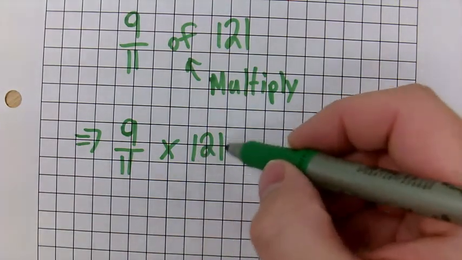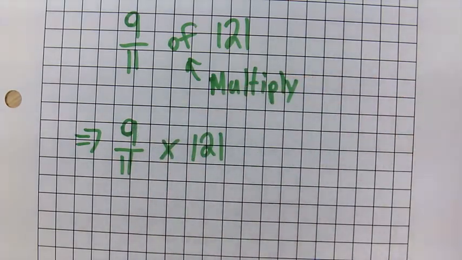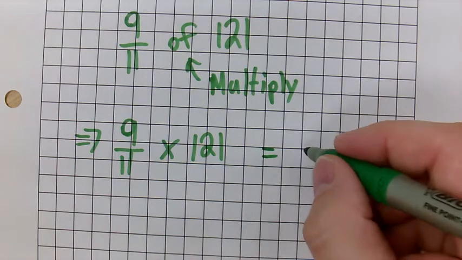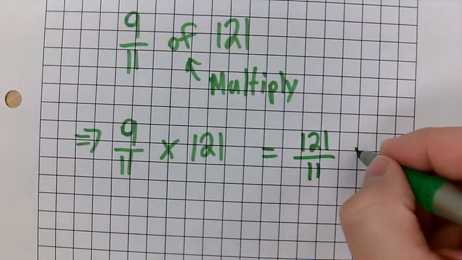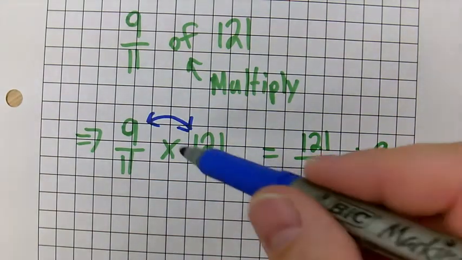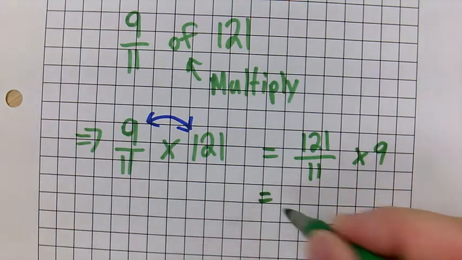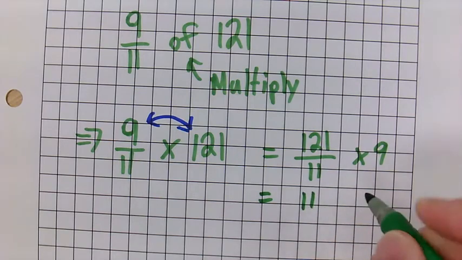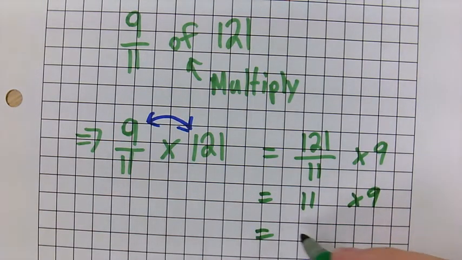You'd be taking that 121 and dividing it into 11 groups and then multiplying it by 9. So think about it this way. This would be the same thing as 121 divided by 11 times 9. It's actually true that this is equal if you just flip those. So 121 divided by 11 is 11. And we still have our times 9. What's 11 times 9? It's 99.